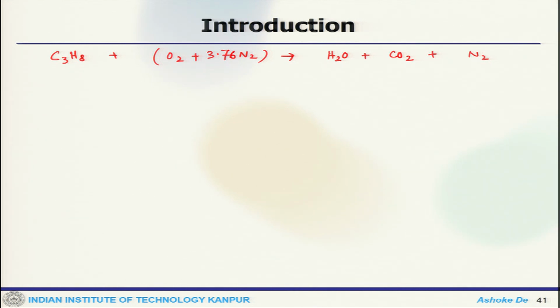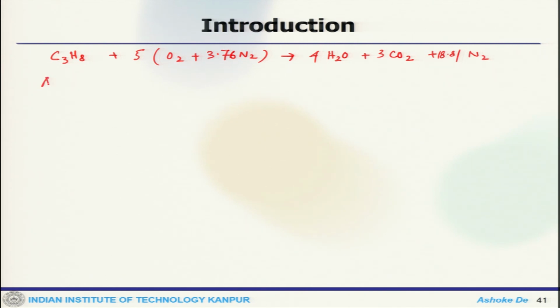If you balance these out, here you put 5, so this will lead to 4, and this will then straightaway become 3, and the rest, around 18.81, would be nitrogen.